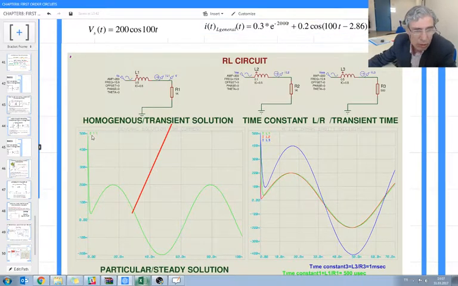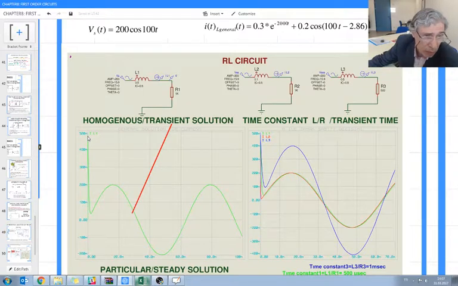After that, we are going to observe this function, the steady solution. At the beginning you see the summation of those two, so mainly this part is effective. You see the exponential decrease coming from that point.